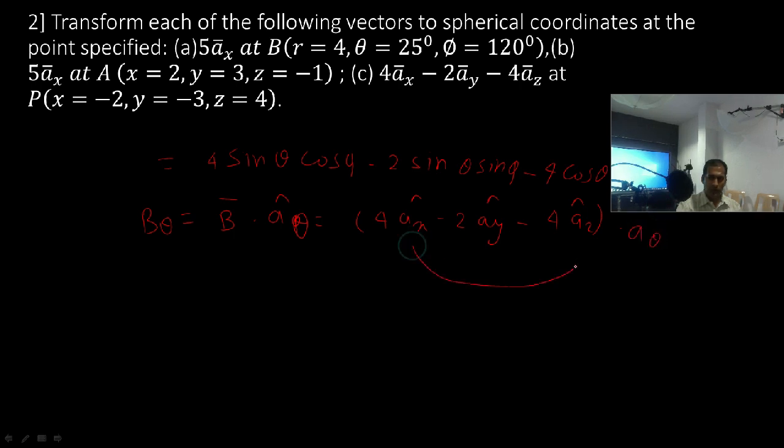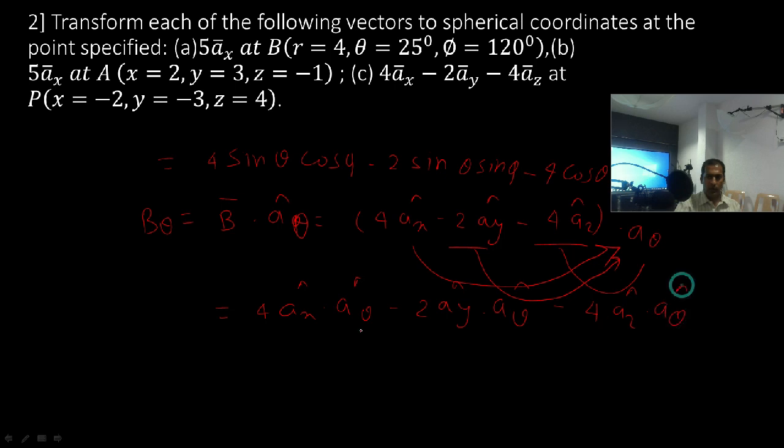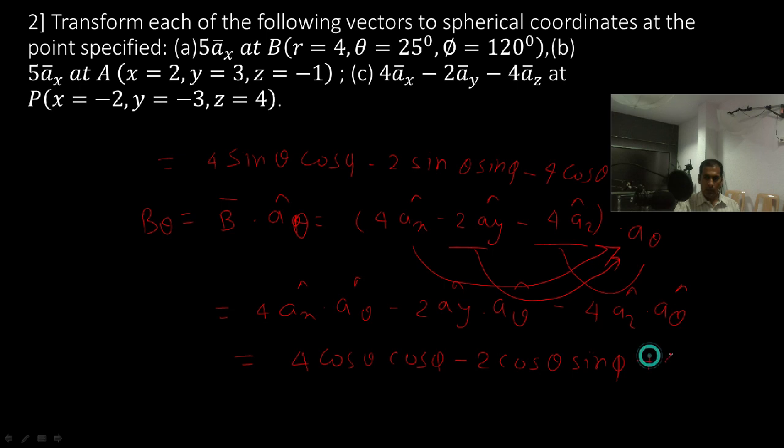One by one we will take the dot product: 4ax cap dot A theta cap, then minus 2ay cap dot A theta cap, then minus 4az cap dot A theta cap. After solving, we will get 4 cos theta cos phi minus 2 cos theta sin phi plus 4 sin theta.